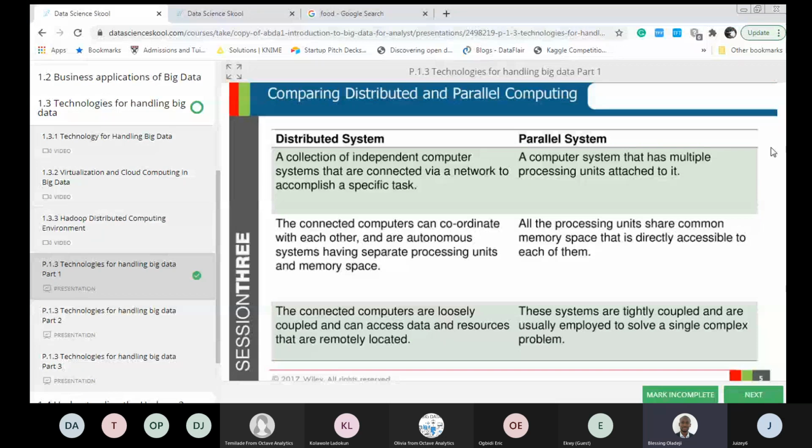Another example: look at an aeroplane. An aeroplane that has a twin engine can be a good example of a parallel system. So it's like more processing power, while the aeroplane fuselage where people sit is like the memory of that aeroplane.